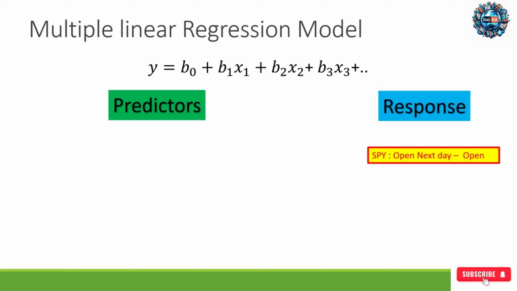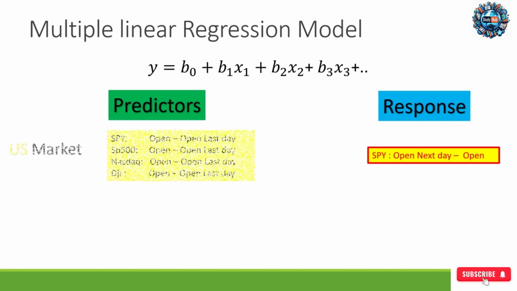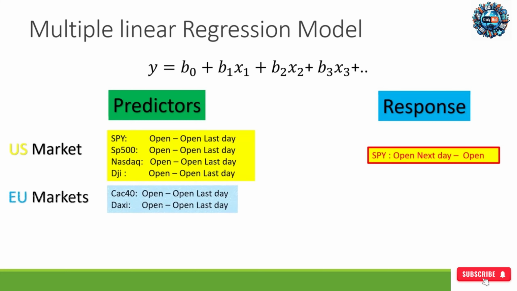We will have 3 groups of predictors. The first group is 1-day lagged variables from US market: open minus open price of last day for SPY, S&P 500, NASDAQ, and DJI. The second group is 1-day lagged variables from Europe markets: open minus open price of last day for CAC 40 and DAX.